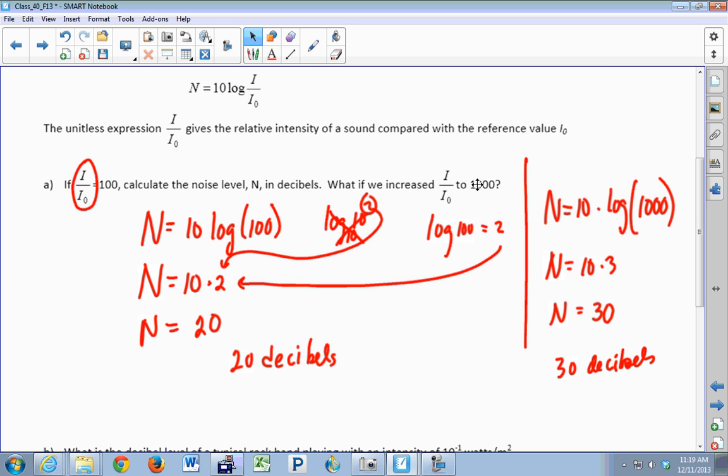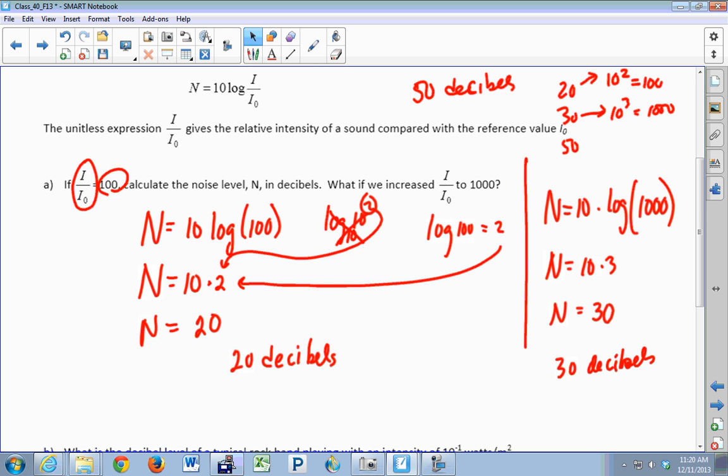Well, half of 20 is 10. Remember our average conversation, Adam, was 50 decibels. So 20 decibels relates to 10 squared or 100. 30 went to 10 cubed or 1,000.